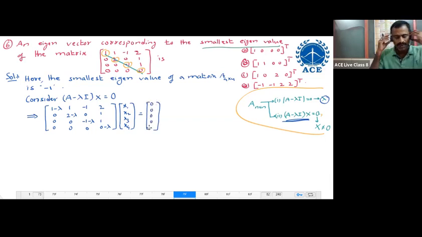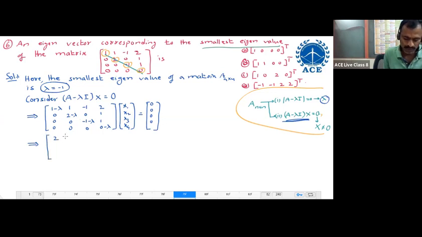Now we have to solve this system, but in this system we have an unknown scalar lambda, which is already known here. For the given matrix the smallest eigenvalue is lambda equal to minus 1, and corresponding to minus 1 we are finding eigenvectors. So substitute lambda equal to minus 1.